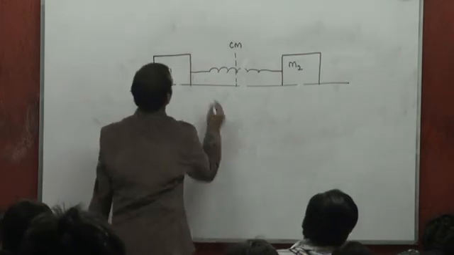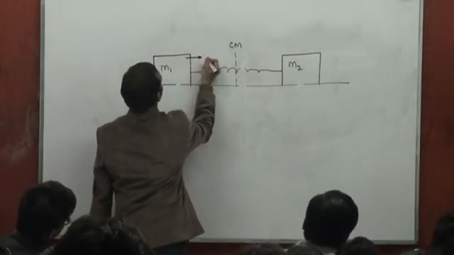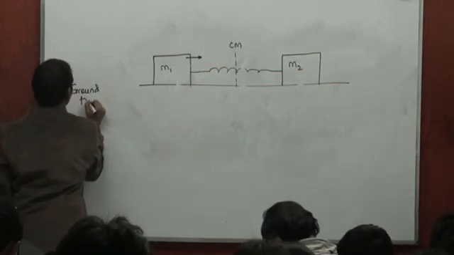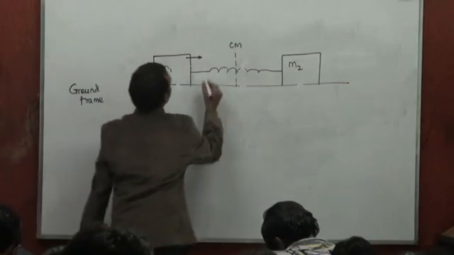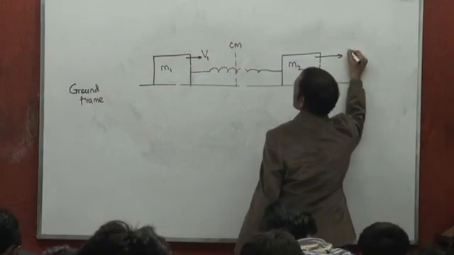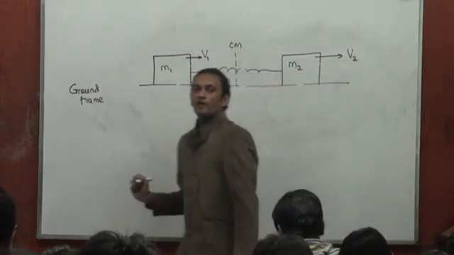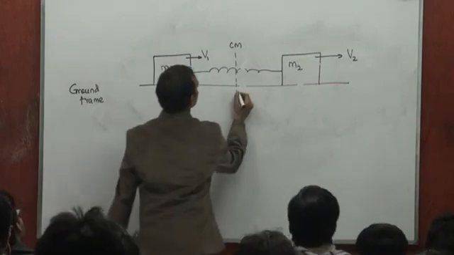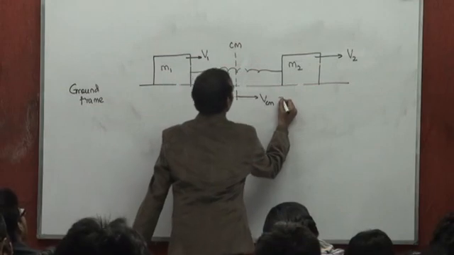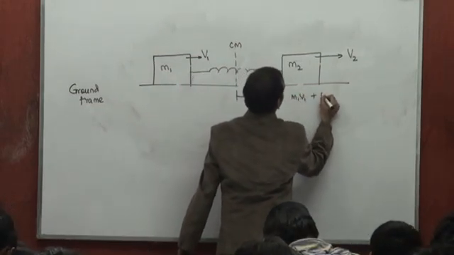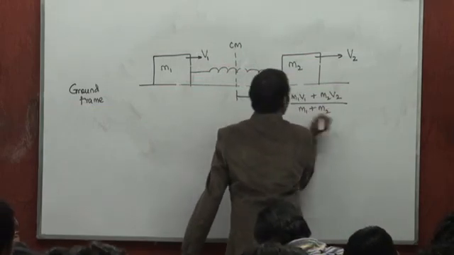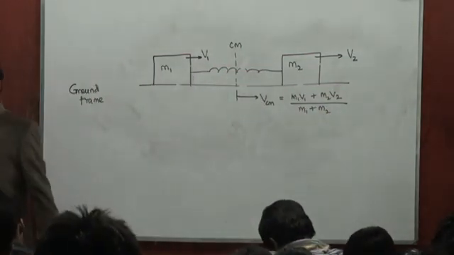And in the ground frame, if M1 was found to have a velocity v1 and M2 was found to have a velocity v2, then the velocity of the center of mass was given by M1 v1 plus M2 v2 divided by M1 plus M2. That was the velocity of the center of mass. Yes or no?